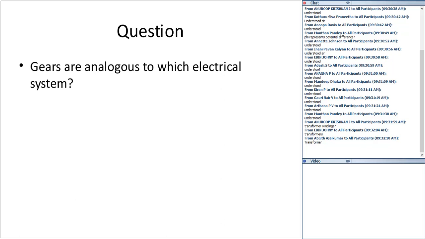Another question is, why is gear analogous to transformer?